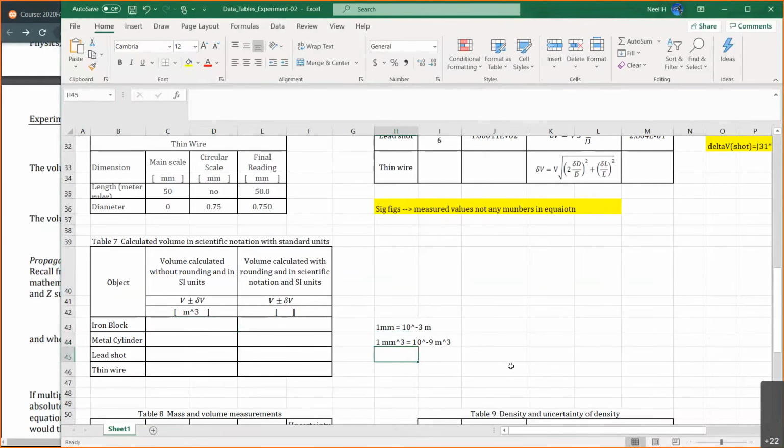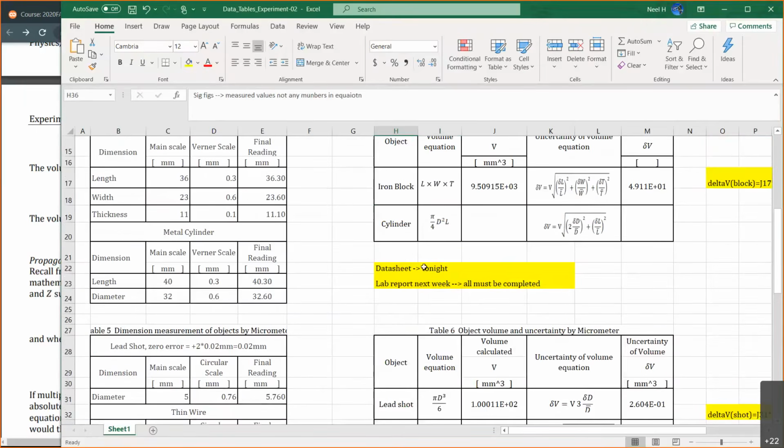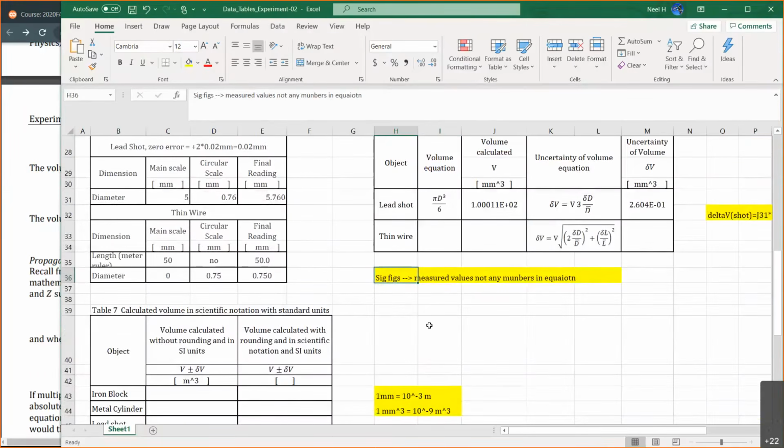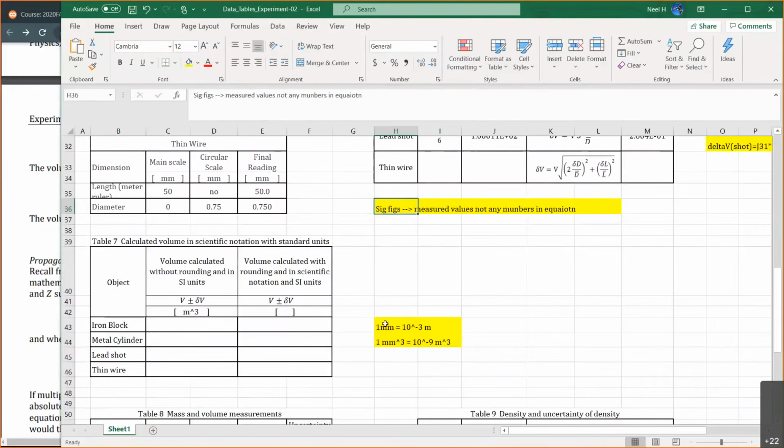Follow that? That's the conversion, okay? All of these highlighted areas are not to be included in your report or anything, that is only for your learning purposes, okay? So that's the conversion, which means I can just directly write down the number which I calculated earlier, in parentheses, multiply by 10 to the negative 9, and I will get the right answer.